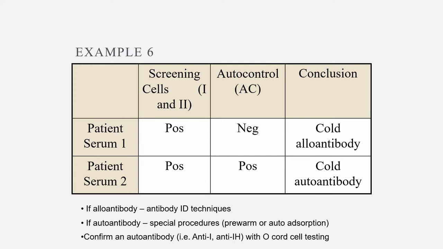If they're reacting, they have an auto antibody. Auto antibodies don't rule out that there are allo antibodies present. You can have both, which is a big pain in the butt. This will be on many exams. So make sure you're clear on what the auto control is telling you.